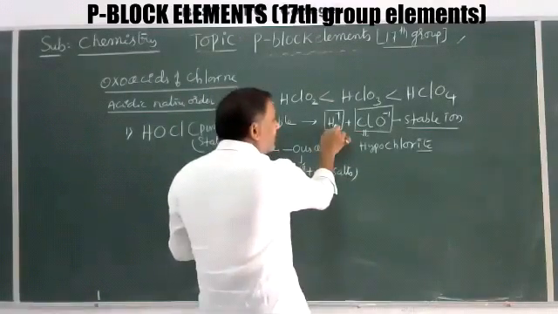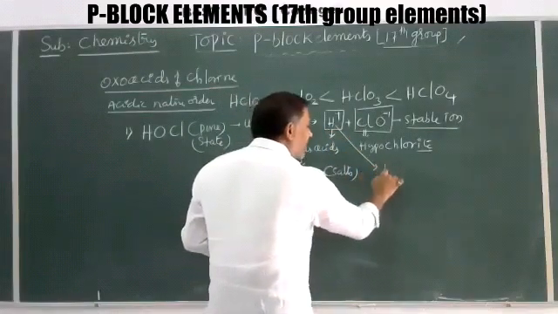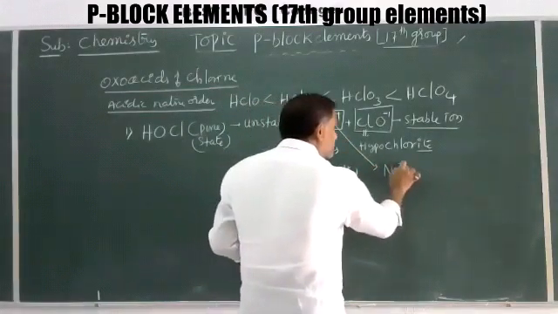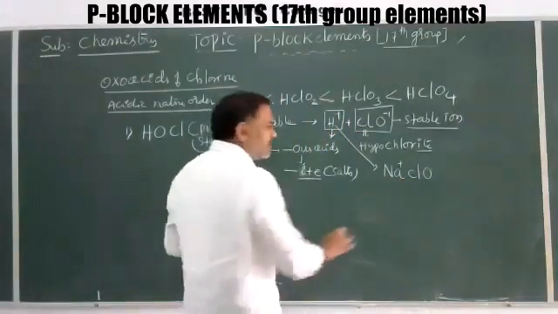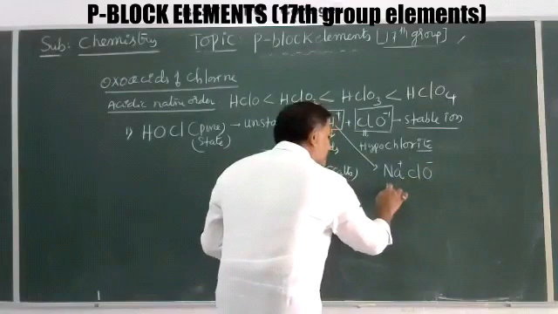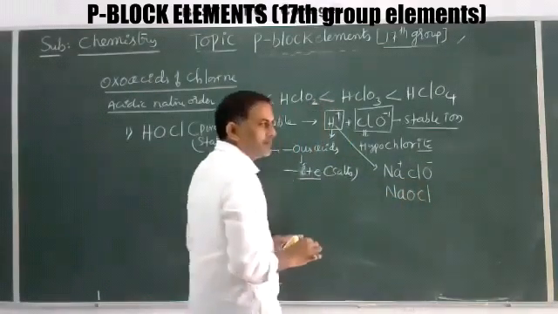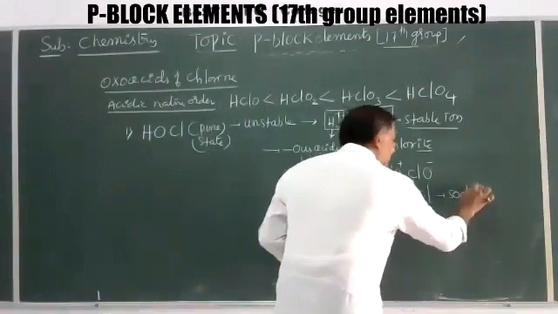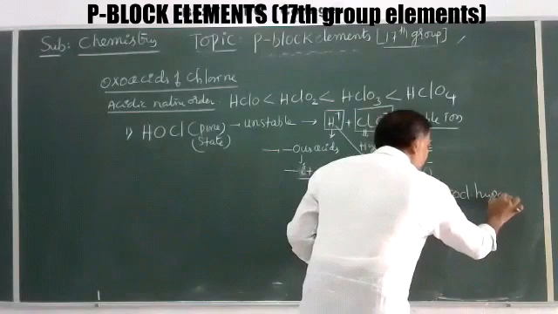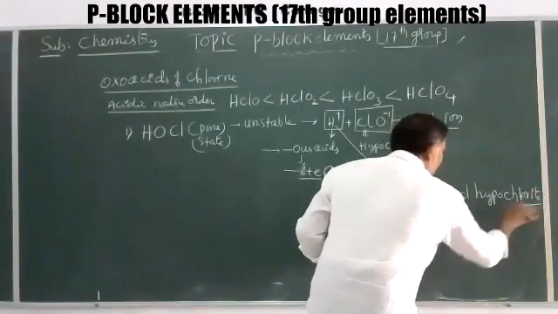For example, here the H plus is there. Instead of this H plus, we can take Na plus ClO minus, or also NaOCl. This is called sodium hypochlorite.